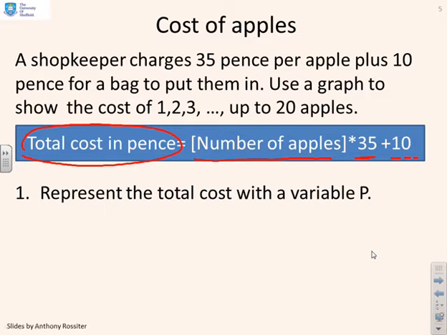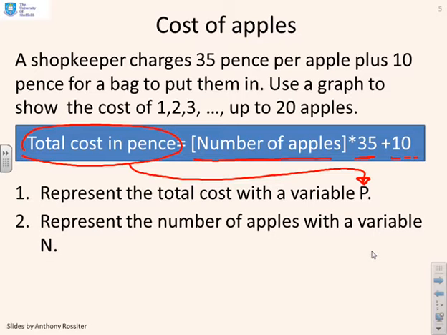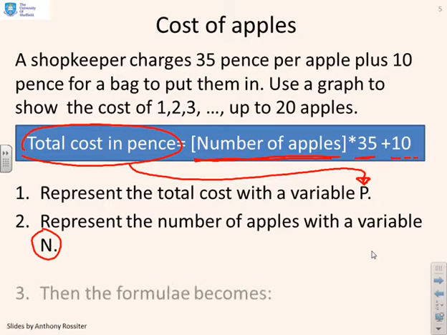I'm now going to represent the total cost in pence by a single variable. I'm just going to call it p. So wherever you see the word p, you just do a translation in your head and you say, oh, p just represents the total cost in pence. I'm going to represent the number of apples with n. So wherever you see n, you just say, all that means is how many apples have I got. n's a lot quicker to write.